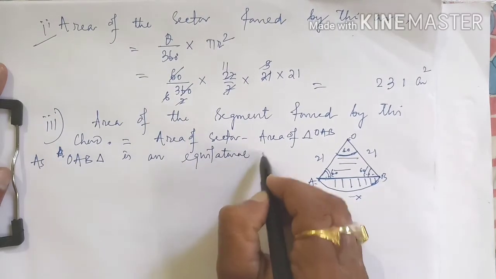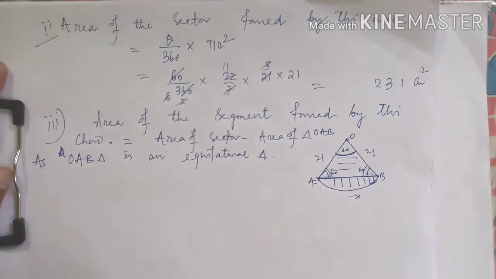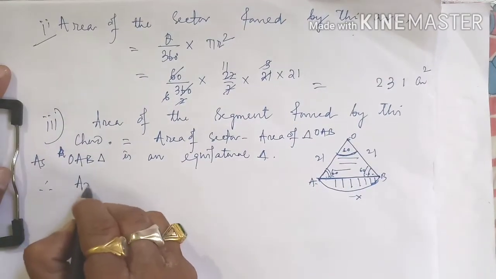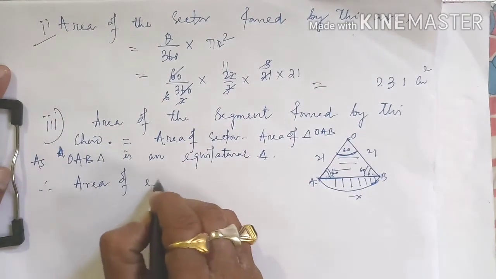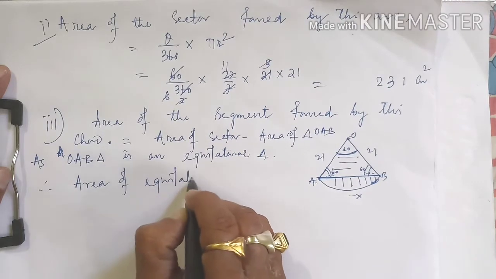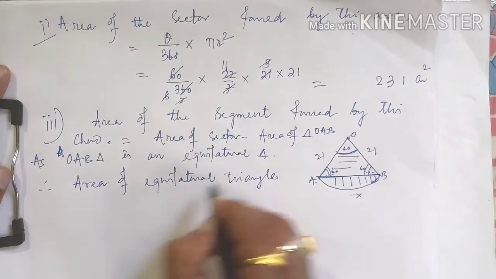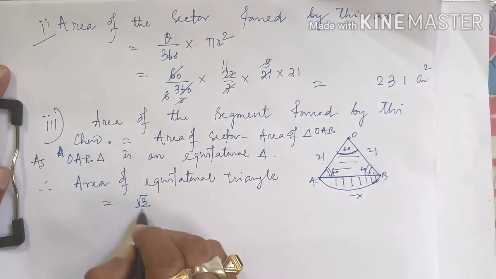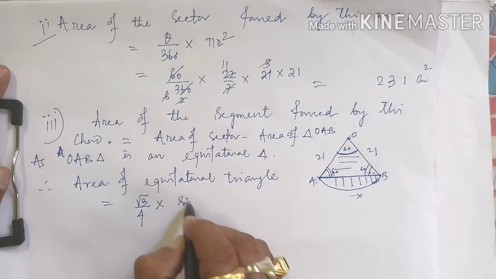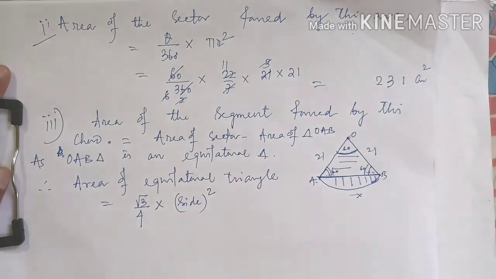Equilateral triangle. Therefore, area of equilateral triangle equal to root 3 by 4 into side square.